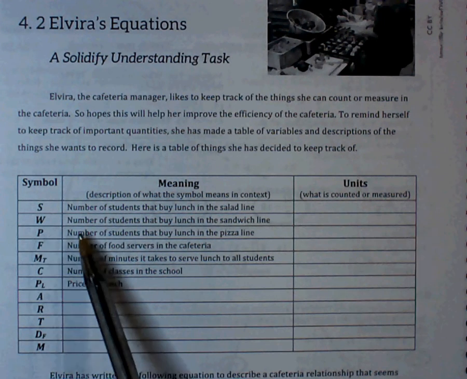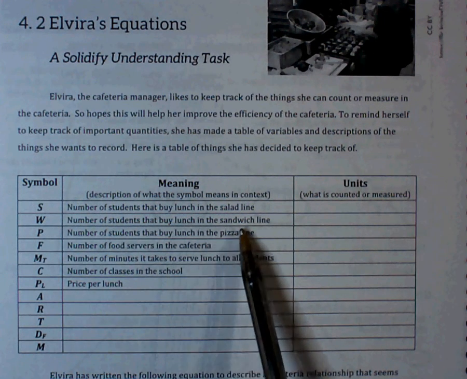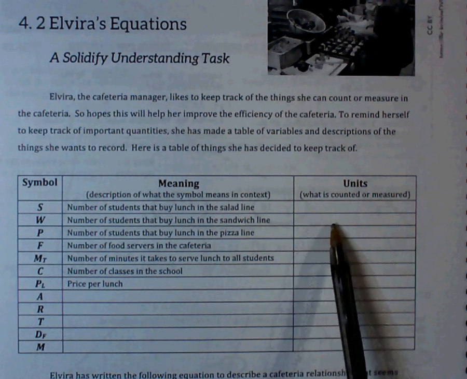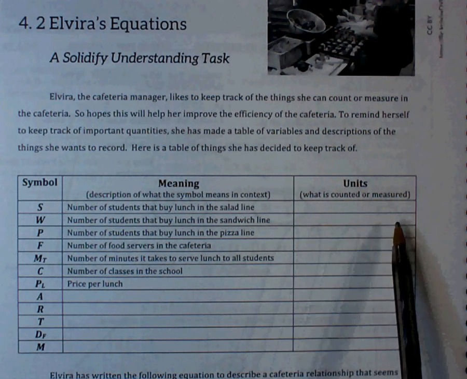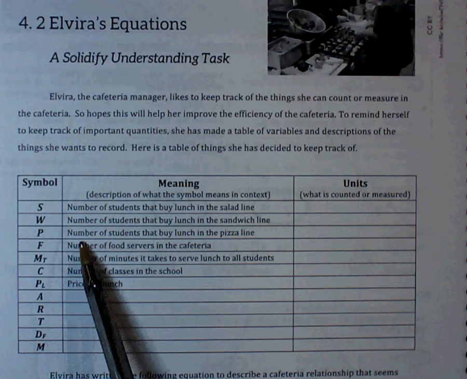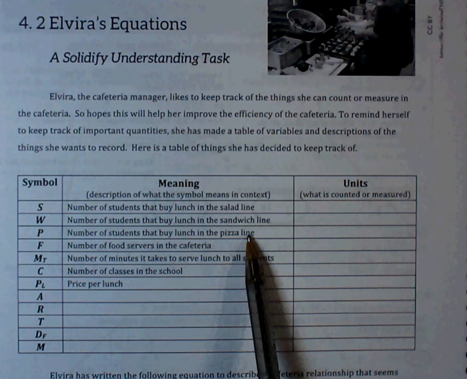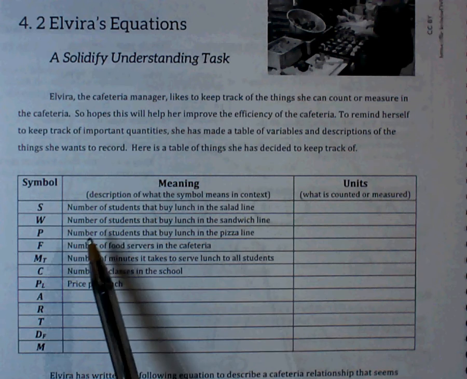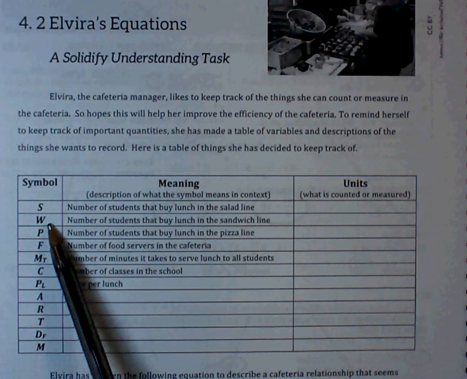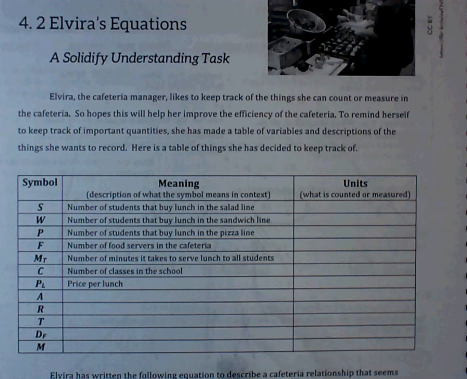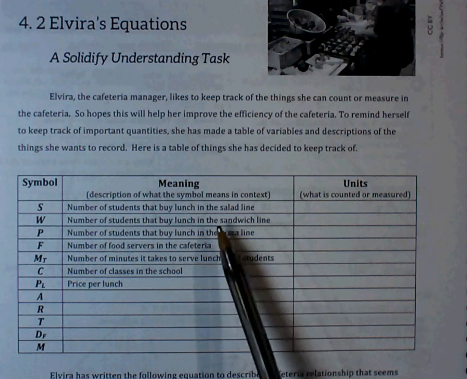W, number of students that buy lunch in the sandwich line. Is that the same thing being counted or something different? P is going to stand for pizza, number of students that buy lunch in the pizza line. So I wonder why they use W for sandwich. Maybe you guys have an answer.